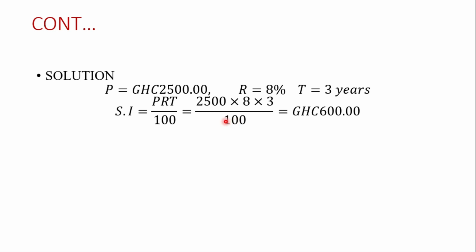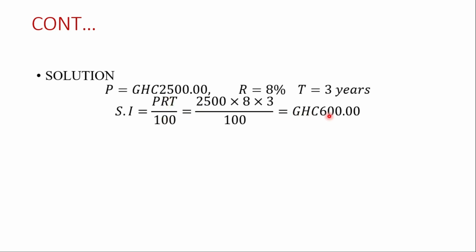Note that the 100 here is because of this 8%, so you don't put the percent here again. The 100 here is because of the 8 here. We said that expressing any percentage as a fraction is out of 100. So that's why you have 8 over 100 multiplying 2,500 times 3. That is where that 100 is coming from. It's because of the rate.